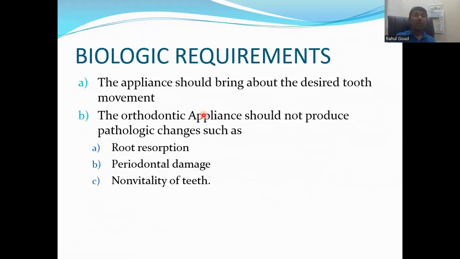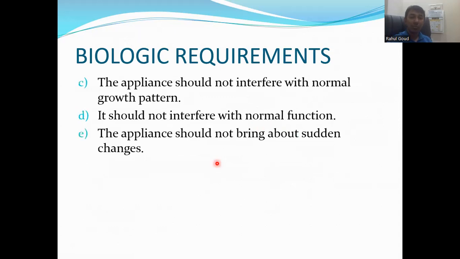Coming to biological requirements, the term biological requirement means the requirements which are in favor of the biologic environment. So the appliance should bring about the desired tooth movement, first thing. And the second point is the orthodontic appliance should not produce pathologic changes. These pathological changes are root resorption, periodontal damage, and non-vitality of tooth.